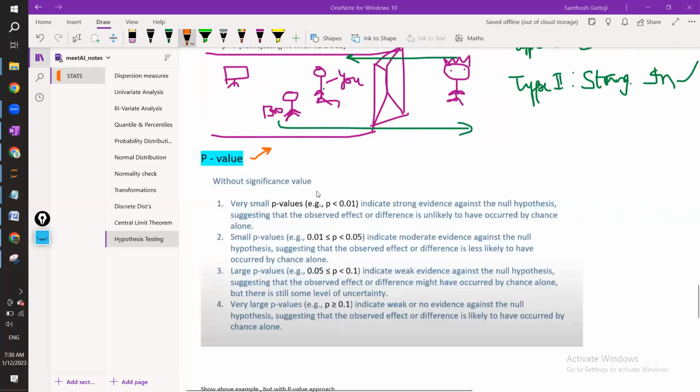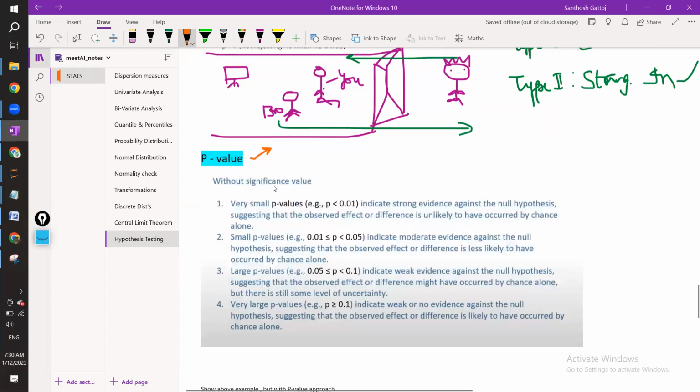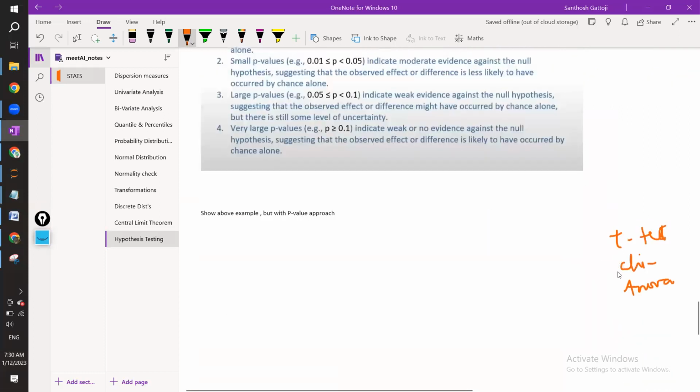With that, we have covered almost most of the topics, and what will be left are a few tests: the t-test, the chi-square test, and ANOVA. So there are just 3 tests left. I think p-value will take one class, and these might take just 2 more classes. So overall there might be just 3 classes.